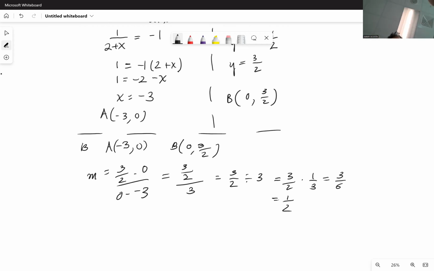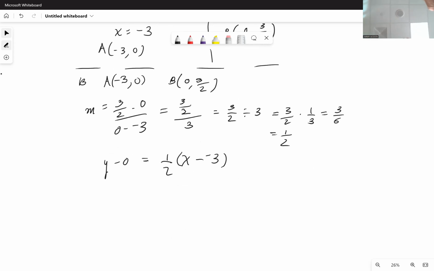All right. And so I have y minus 0 equals half times x minus -3. Notice how I had to write minus -3. And you could use either one. Either point could be used, and you get the same answer.